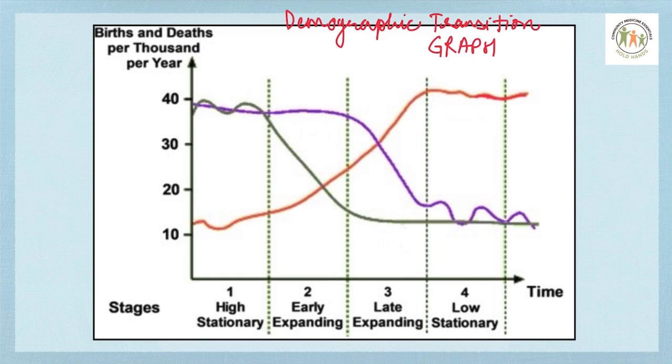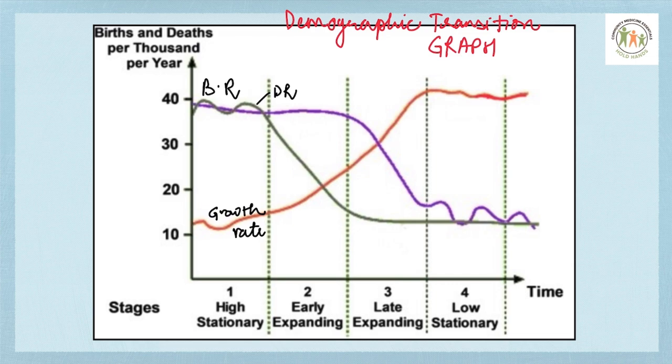What do the purple line, green line and red line represent in this graph? Purple line is of birth rate, green line death rate and red line growth rate. Red line represents population growth rate.